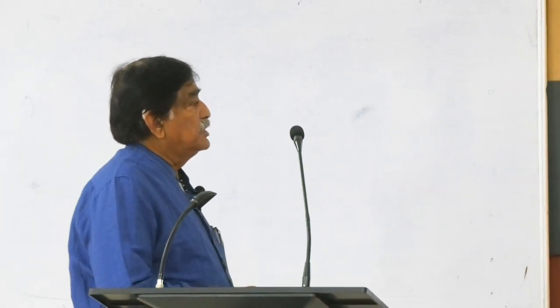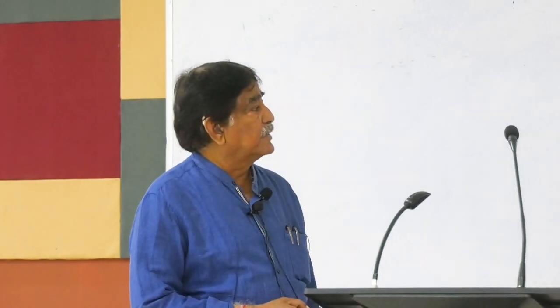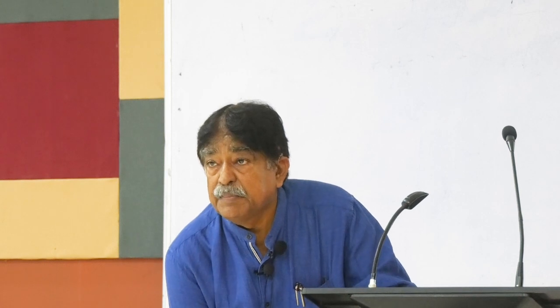Now, the posterior tibial artery and vein pass deep to the flexor retinaculum through the tarsal tunnel behind the medial malleolus to reach the sole of the foot, where it divides into two terminal branches, medial and lateral plantar. This is the tibial side, this is the medial malleolus of the tibia.